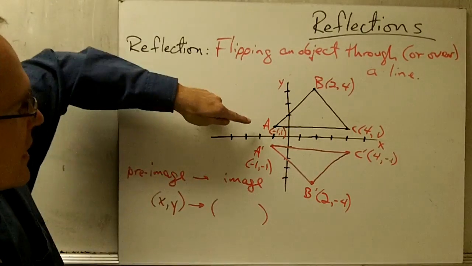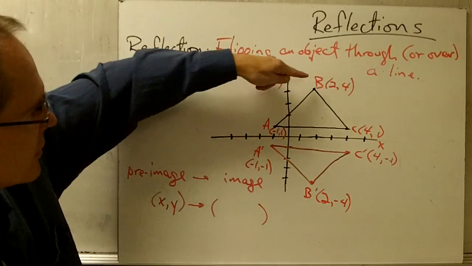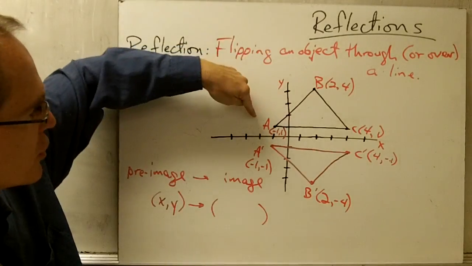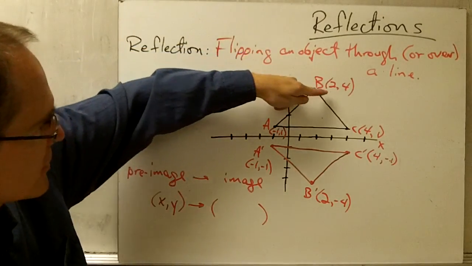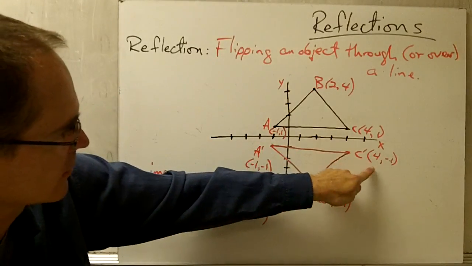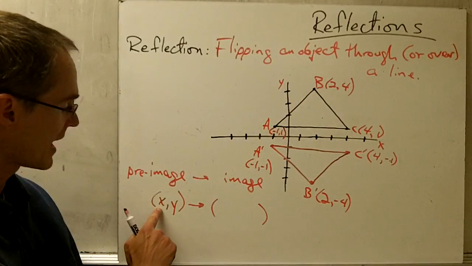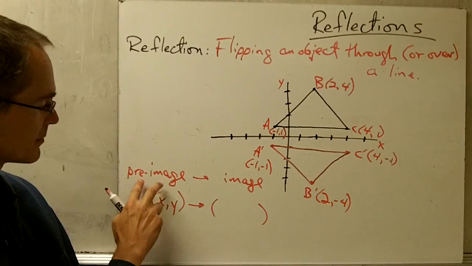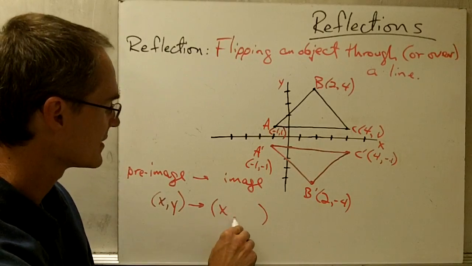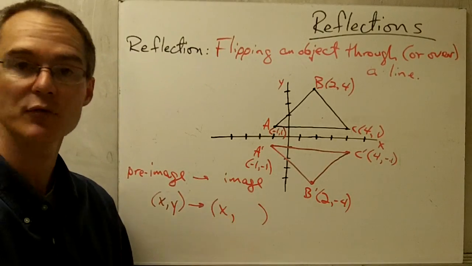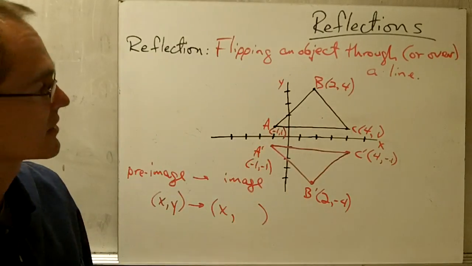Well, I can see that for each one of my pre-image coordinates, all of the x coordinates stay the same. So whatever my given x coordinate is in my pre-image, it's going to be exactly the same in my image after I reflect it over the x-axis.